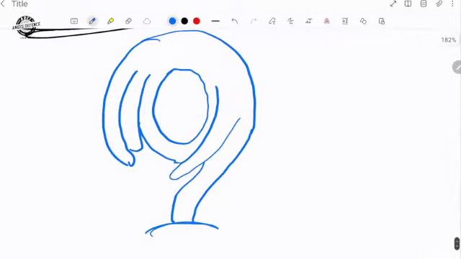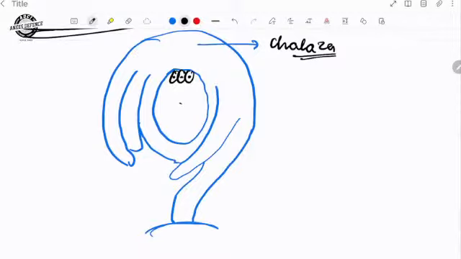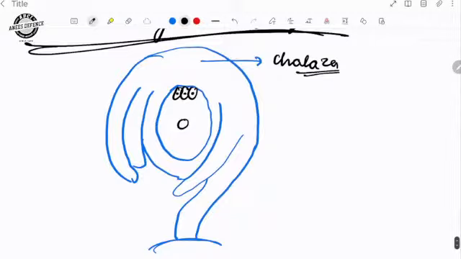First, we should know the things. What are the things it contains? This is chalaza, part one.